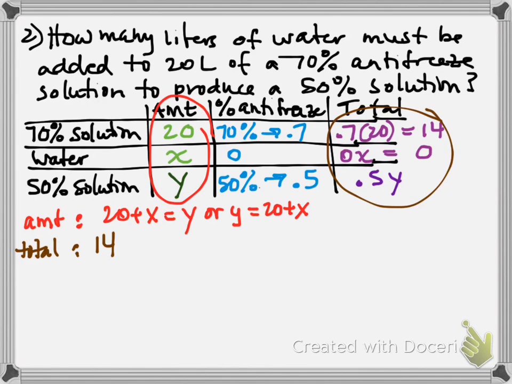And that says 14, and I'm just going to write plus 0 as a placeholder, equals 0.5y. Okay? So if I simplify this, and I'm going to use the symmetric property, I get 0.5y equals 14.